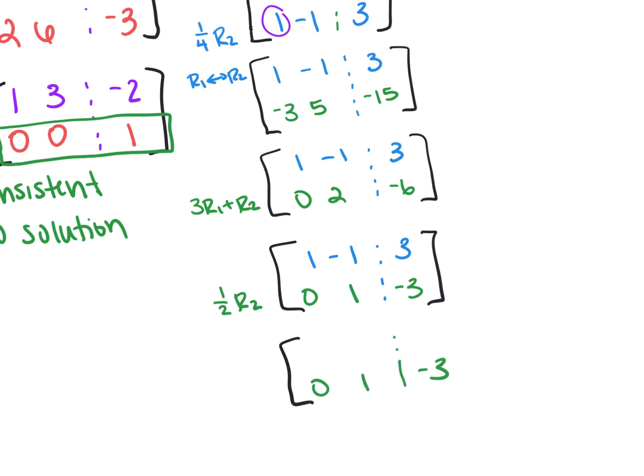The top row, I'm just going to add R1 and R2: 1 plus 0 is 1, -1 plus 1 is 0, and 3 plus -3 is 0. So here, this tells me that x1 equals 0, x2 equals -3, and my solution set is the point (0, -3).